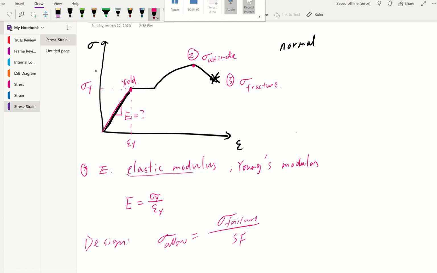You could use the yield strength, because at that point you start to yield. You will no longer have the original shape, which is pretty scary. You're going to have a structure that no longer goes back to its original shape, with permanent damage. Or you can use the ultimate, the highest point in your stress-strain curve, or you can use the fracture point.